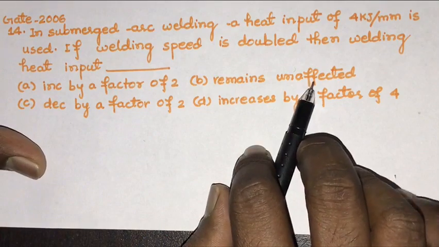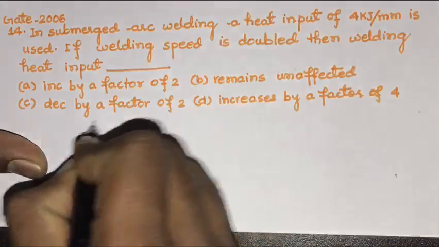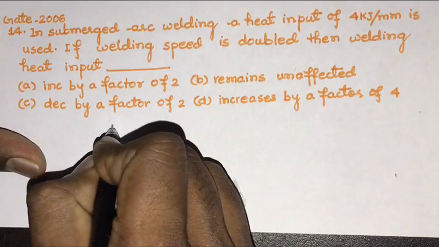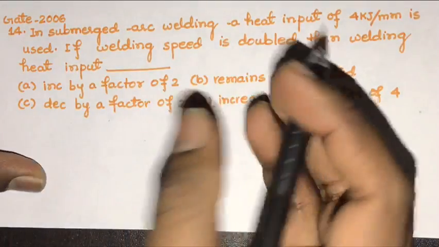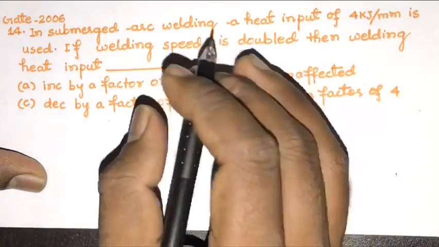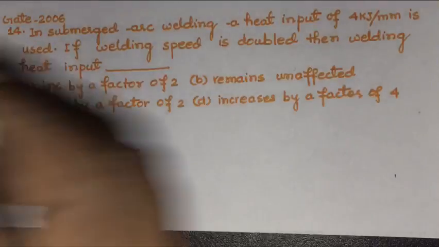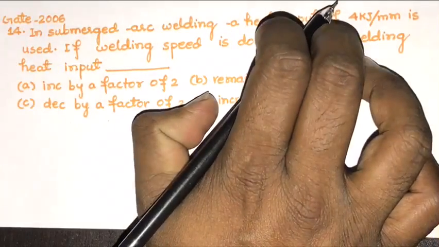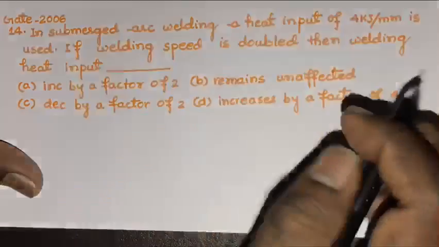If we increase the velocity by a factor of 2, then the distance covered will be doubled. So the heat input will be half of the previous one. This is very simple.